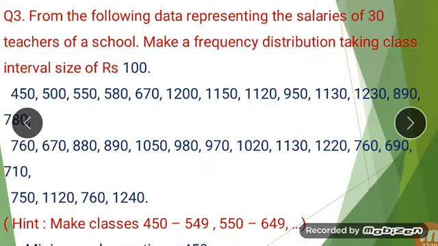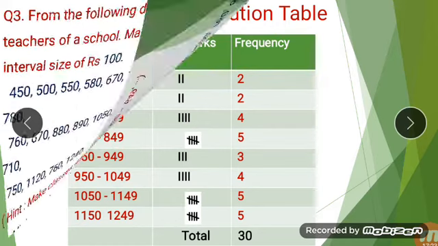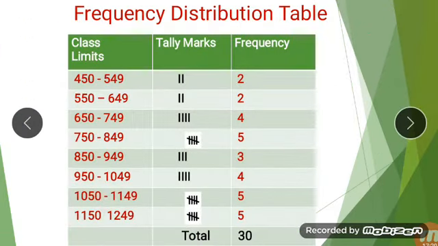Following the hint, we make the classes: after 649, we take 650 to 749, and in the very same way, since the maximum observation is 1240, we end up with 1249. If you wrote 1240, the class interval size would not be the same.